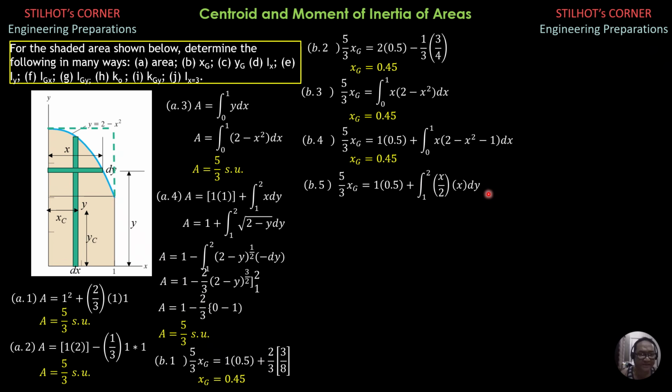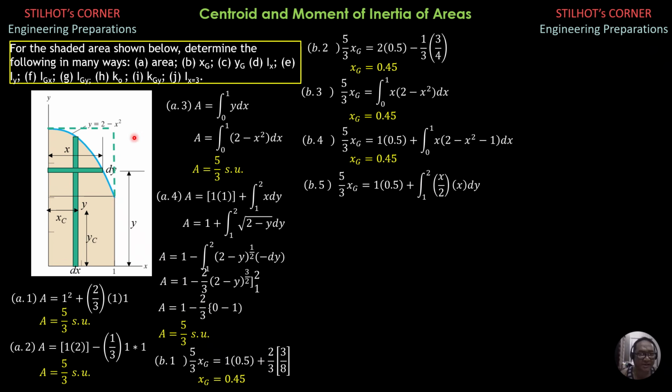That's why the limits would be from 1 to 2 again, because we already considered the square. So just this part, centroid of that part. So integral of x over 2. If this is x, the location of centroid is x over 2 from the y-axis, then differential area is x times dy.